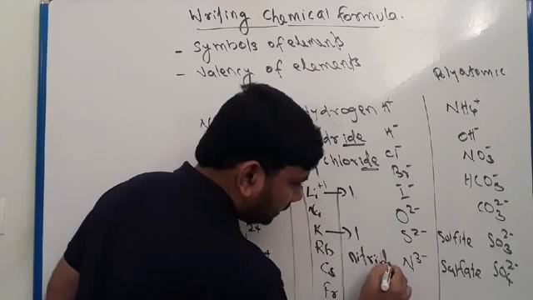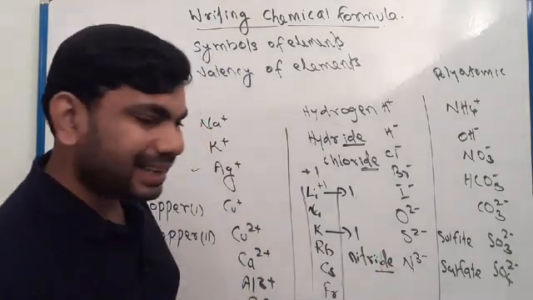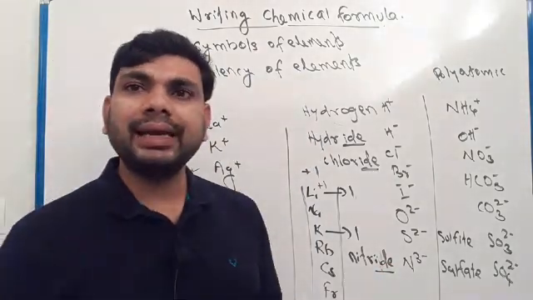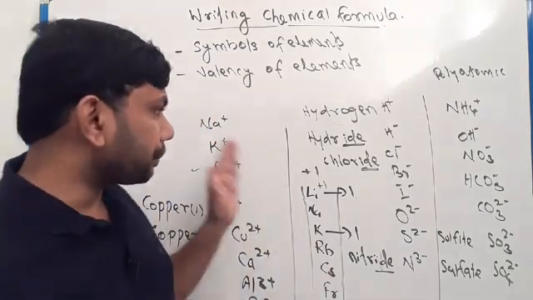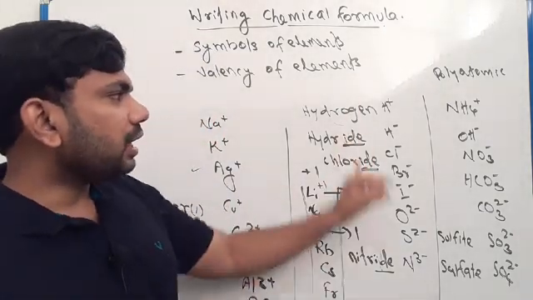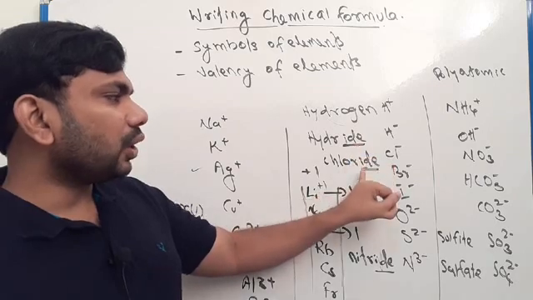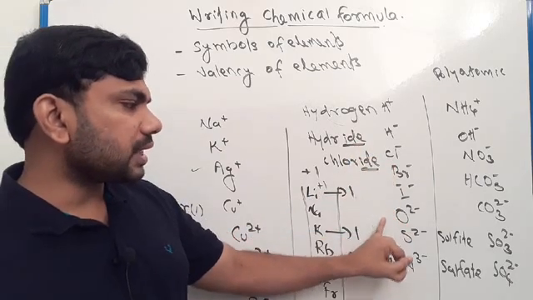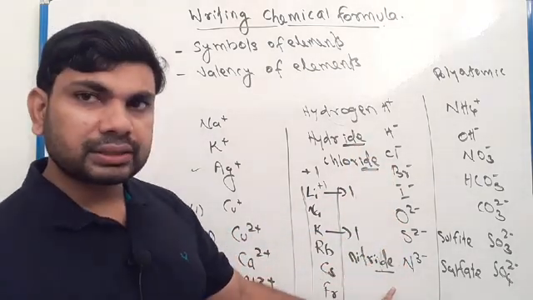Okay, so negatively charged elements, at the end we have to add -ide. These are metals, these are non-metals: hydrogen, hydride, chloride, bromide, oxide, sulfide, nitride.